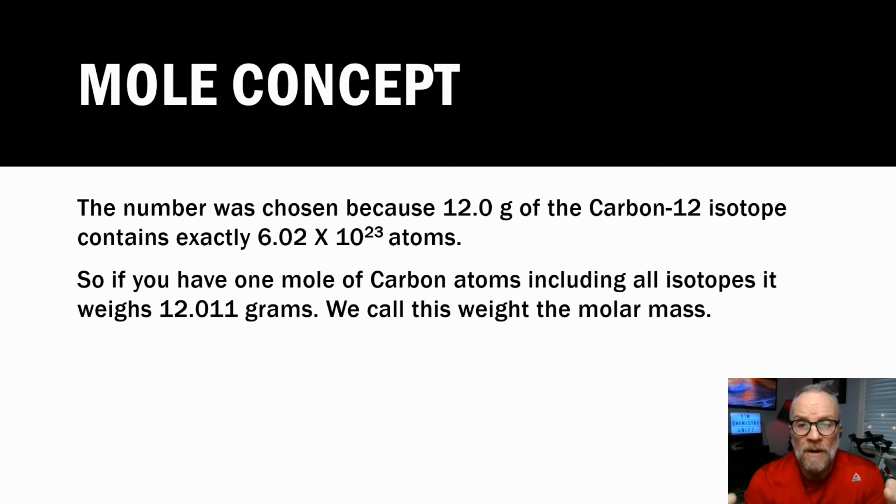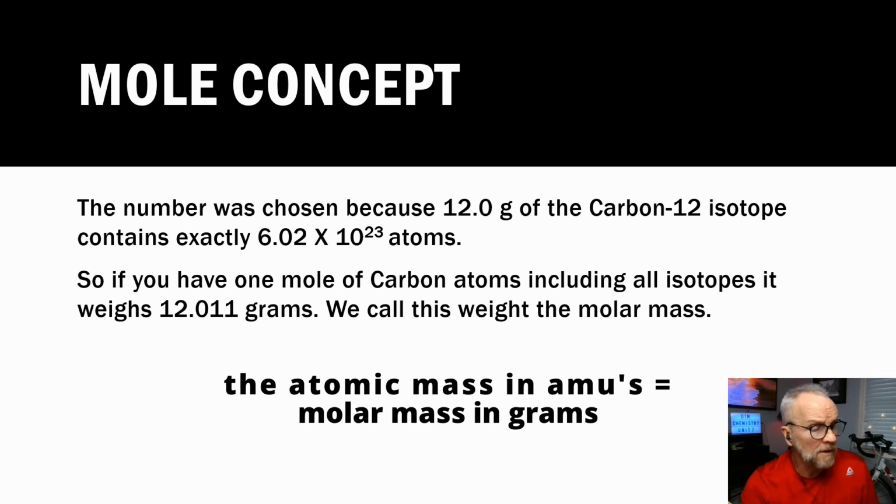So if you look on the periodic table at carbon, carbon is atomic number 6 on the periodic table. It has 6 protons and 6 electrons in a neutral atom. And if you combine the weighted average of all the isotopes of carbon, carbon-12, carbon-14, etc., 1 mole, or 6.02 times 10 to the 23rd atoms of carbon, would weigh exactly 12.011 grams.